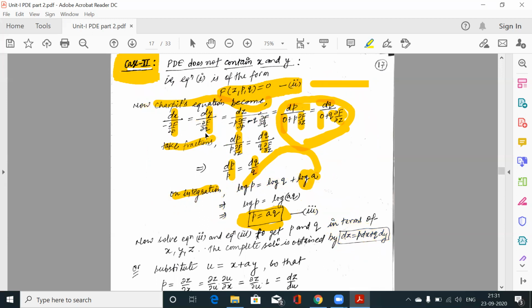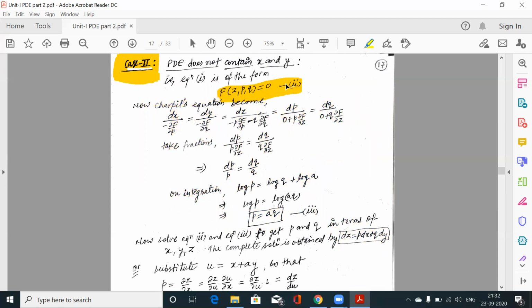So what we will do, if we know that this equation is in standard form 2, case 2, we can write that since this is in standard form 2, we know from the Charpit equations that p is equal to aq. So directly we can jump from here to here.